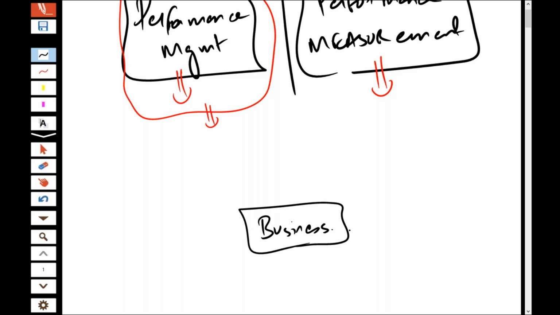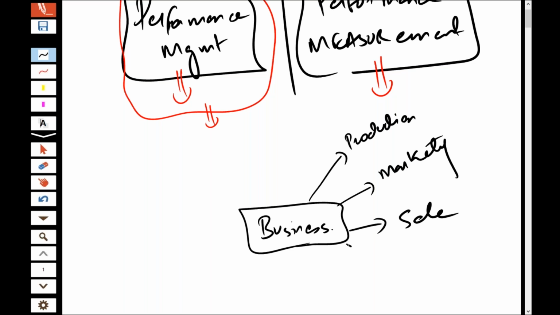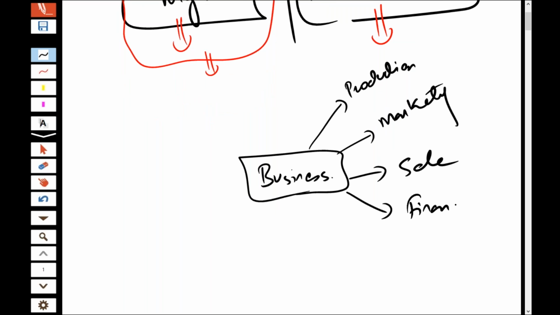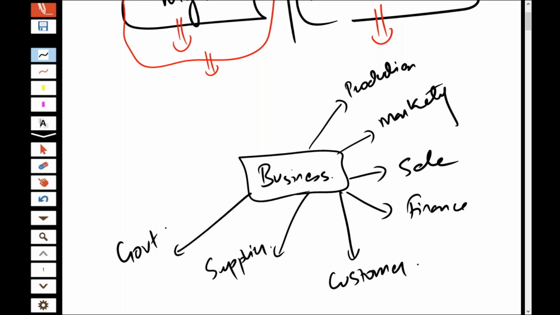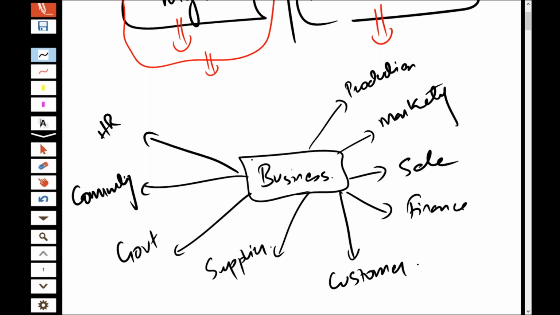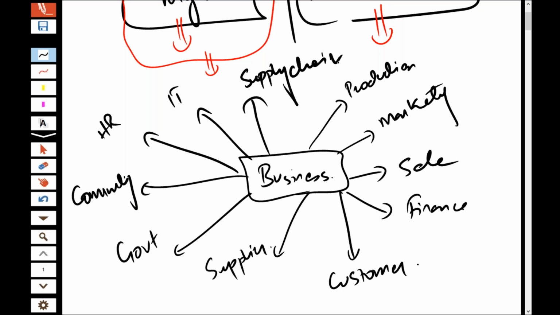When you are running your own business, you are responsible for every single thing that happens with that business, whether that be the production of the goods, the marketing of those goods, the sale of those goods, the finance department of that entity, the customers, the suppliers, the government organization, the community, your HR department, your IT department, etc., the whole supply chain, every single aspect of that business.